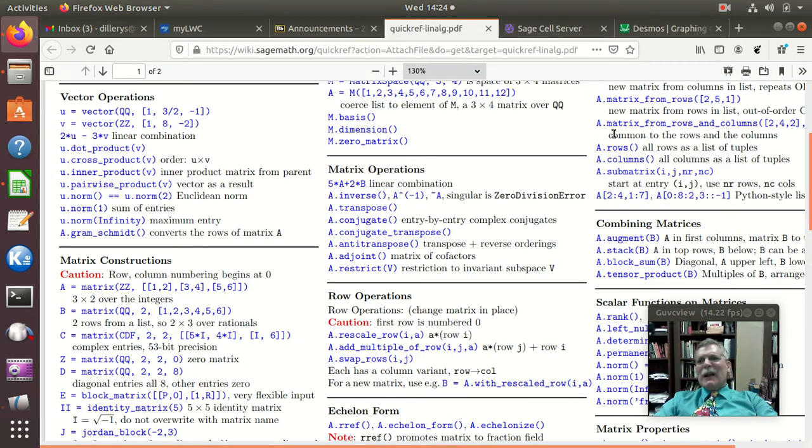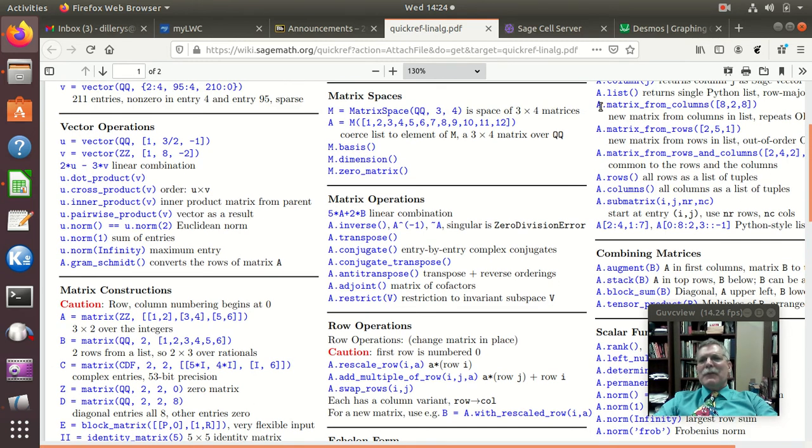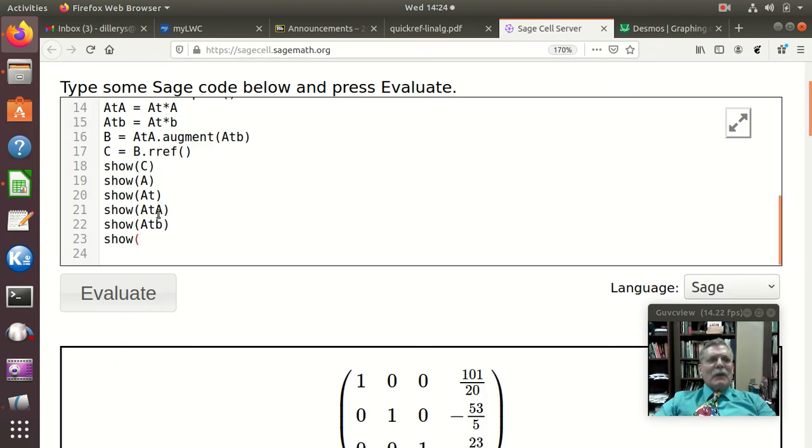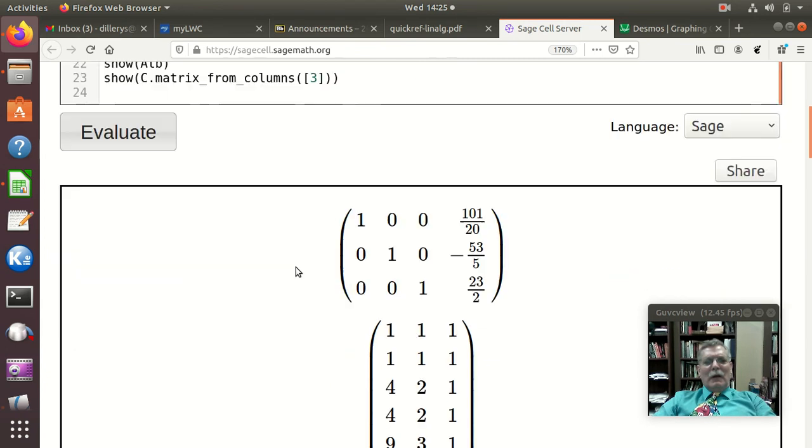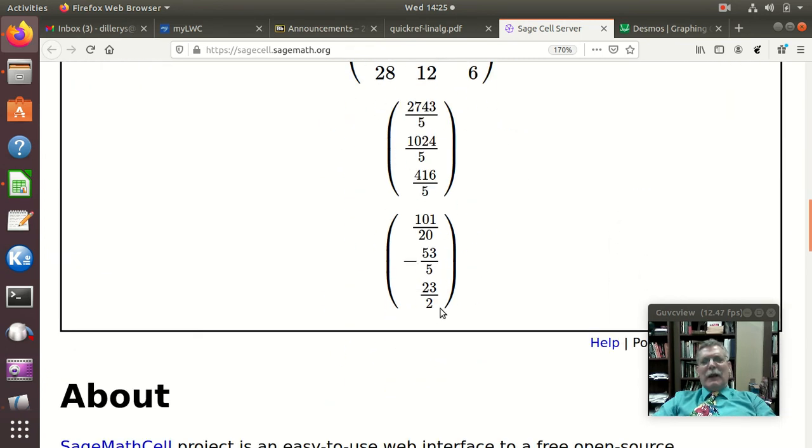And again back here, matrix from columns, so that's dot like that. Whoops, there we go. I'll do a Control C to copy and show. I want C, and then I'll do a Control V to paste, matrix from columns, and I just want column 3. And so we will show that. I need another parenthesis, so evaluate. And so there's my answer.